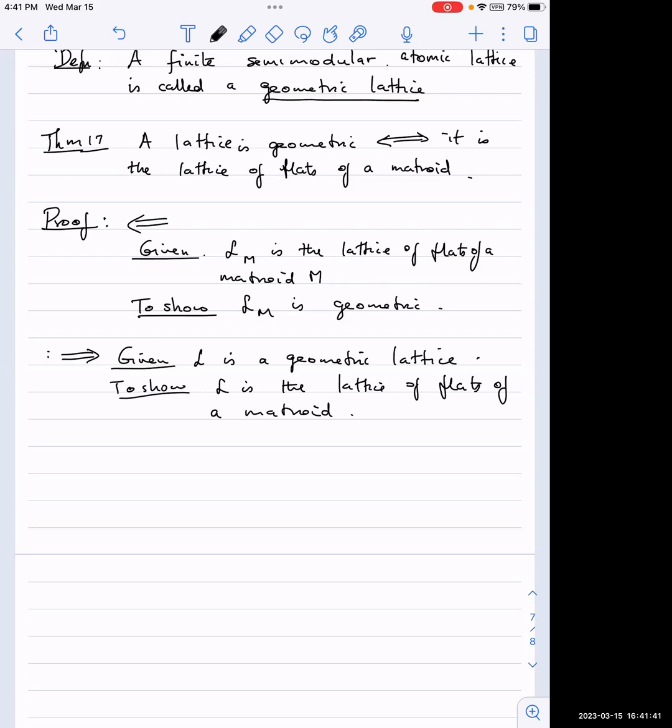So essentially, you define a rank function, and that rank function will satisfy the rank axioms, and that's what makes it a matroid. So let E be the set of atoms.